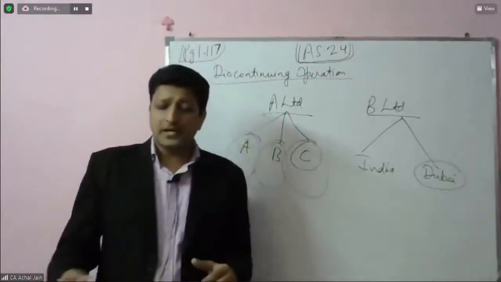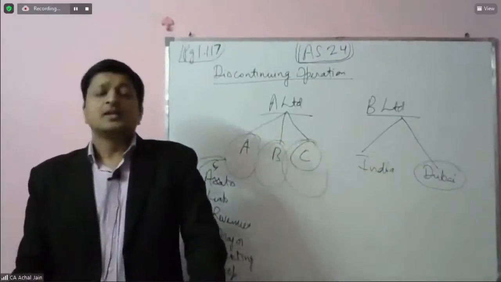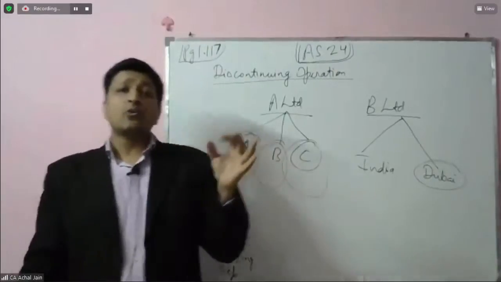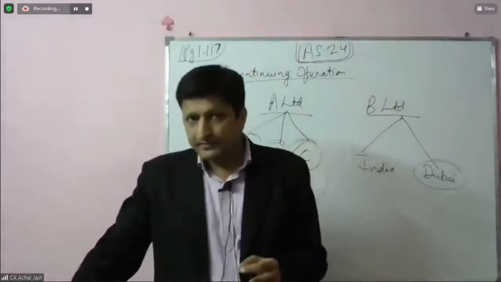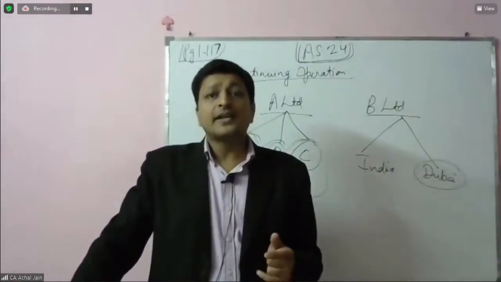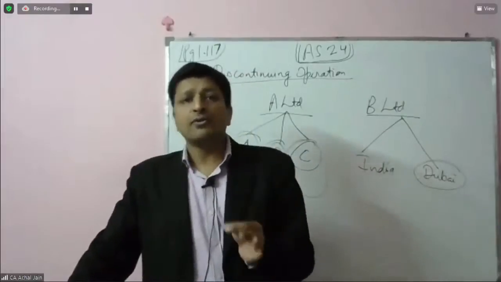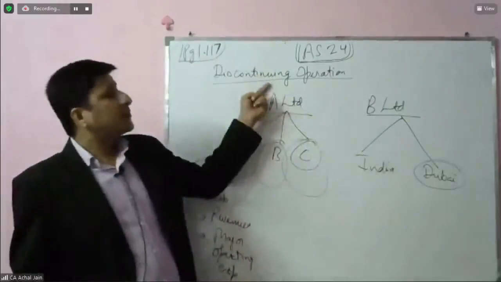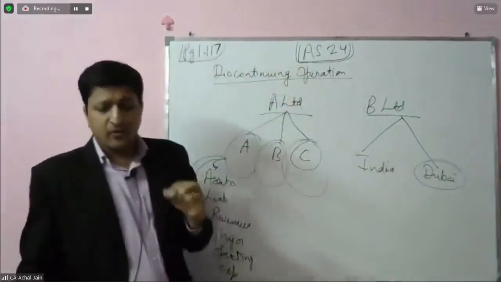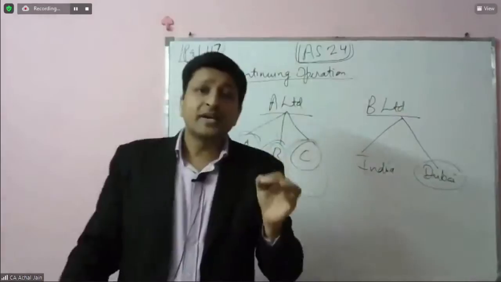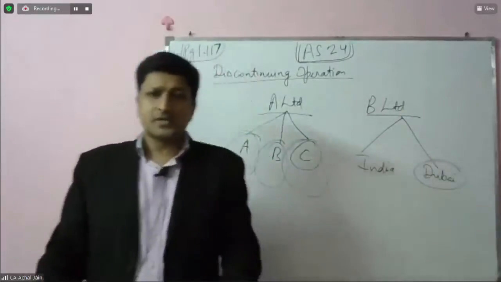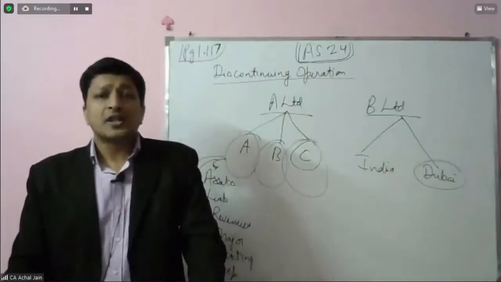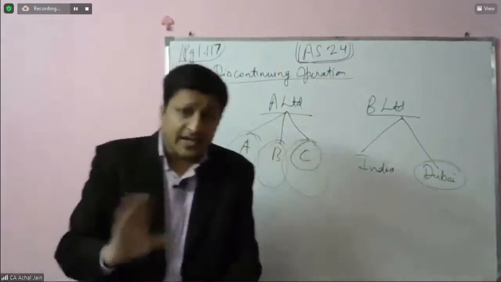In very simple terms, this standard requires that whenever an operation of an entity is discontinuing, means that it qualifies for a discontinuing operation as per AS 24, then it should be disclosed in the financial statements. A disclosure around such a transaction which has not yet taken place.